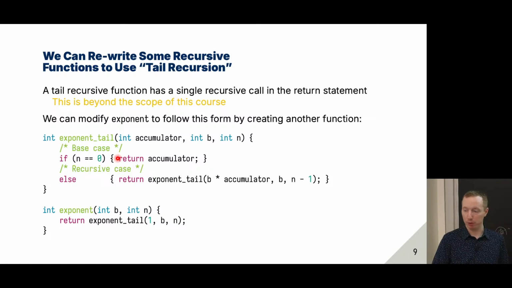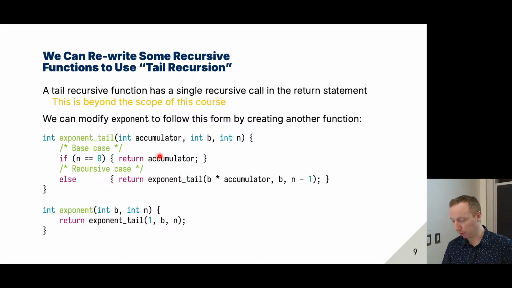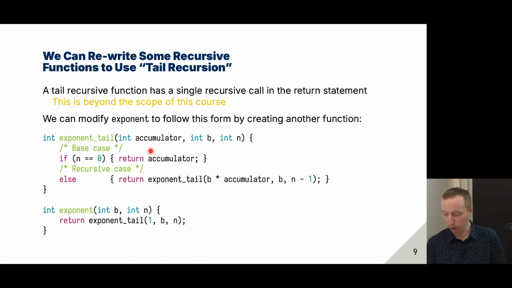So it would do 2 times 2 times 2 times 2. If we did 2 to the power of 4, then eventually it would be 16, and then we just return 16 at the end. In our recursive case, we just do the calculation with the accumulator, so we multiply b by it, and otherwise it looks the same as before.